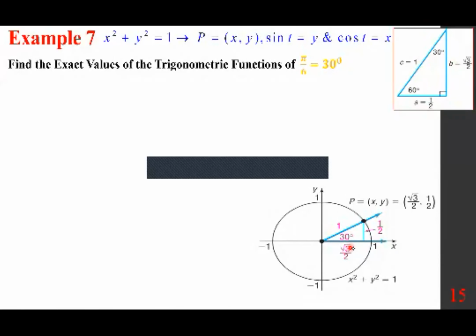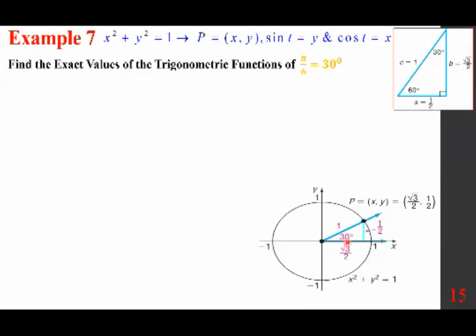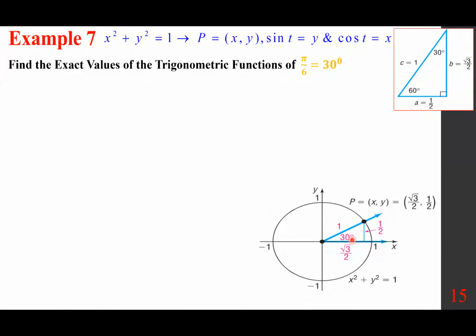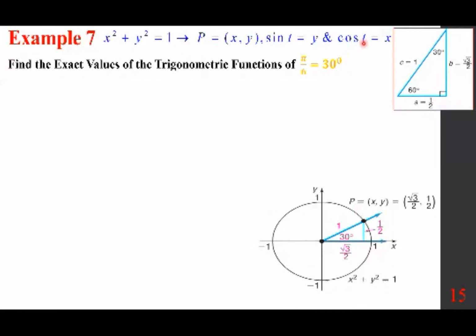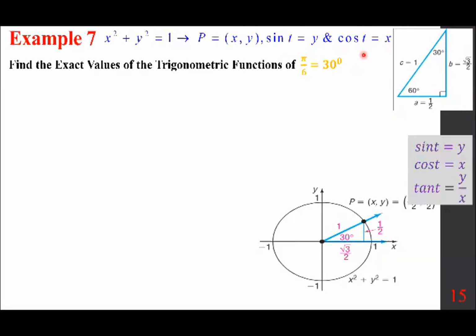And so therefore, your x coordinate or cosine is square root of 3 over 2. Your y coordinate or sine is 1/2. So from here, we write, again, sine is y, cosine is x, tangent is the ratio of those.